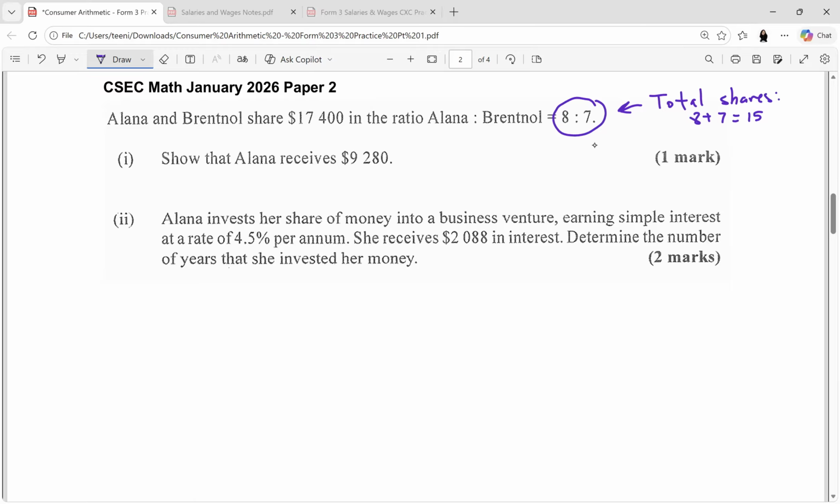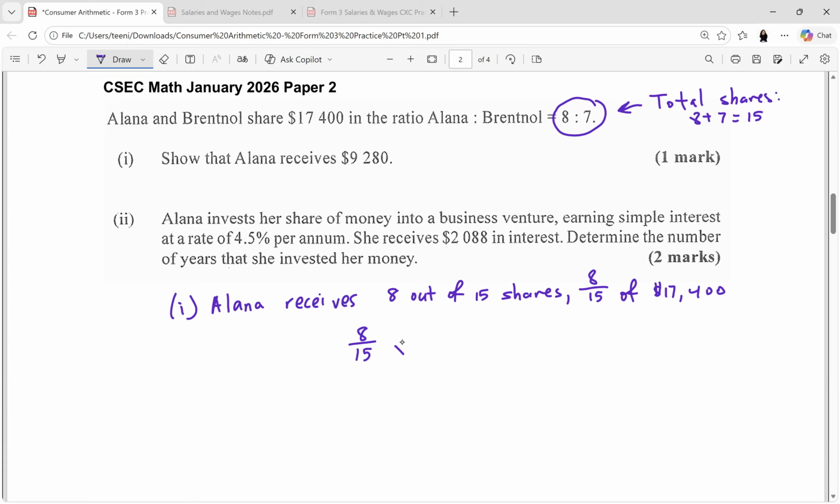So for part 1, Alana receives 8 out of 15 shares, right? Which is the same as saying 8 over 15 of the total money, which is 17,400. So the amount of money Alana receives is 8 over 15 times 17,400.